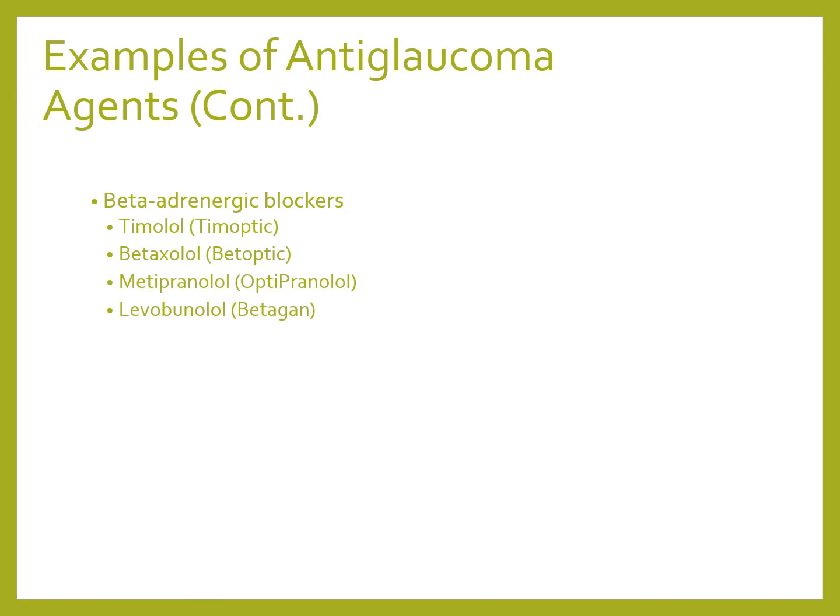Beta adrenergic blockers block beta adrenergic receptor sites. So these drugs, and you can see some of them listed here, they help treat glaucoma by reducing aqueous fluid production. So if the eye isn't producing so much fluid, then that's going to decrease the pressure. Also, side effects of these agents include decreased heart rate and blood pressure.